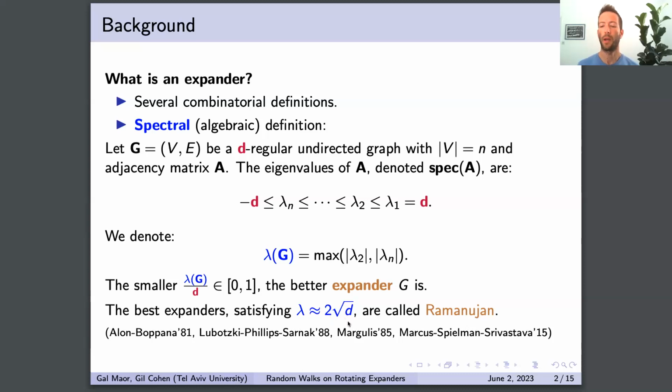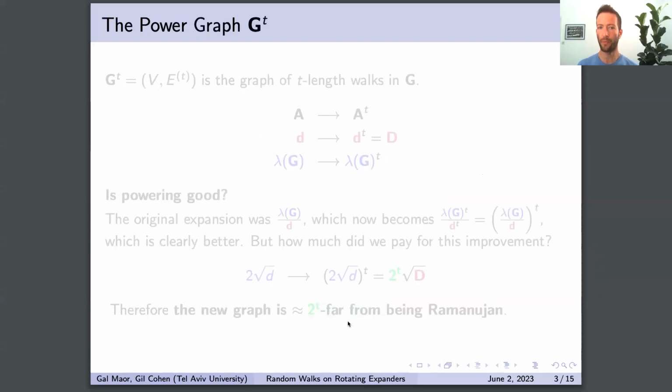Now, once we have an expander, many times we want to analyze random walks on it and also use it as a building block for constructing other graphs. And many times this is done by using what's called the power graph. So what's the power graph, denoted G to the T? It is a graph on the same set of vertices in which each edge represents a T-length walk in the original graph.